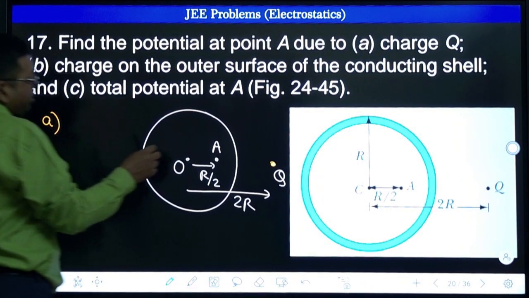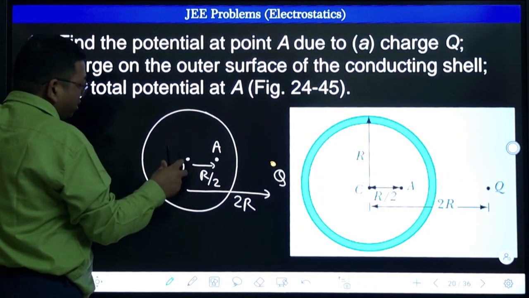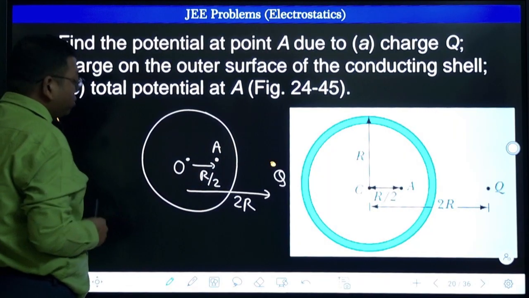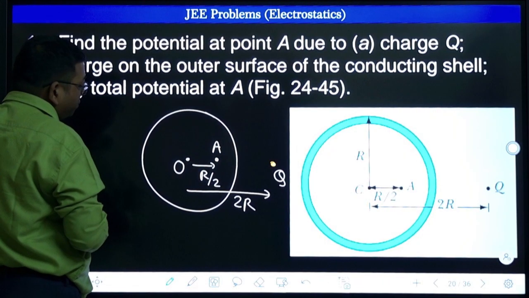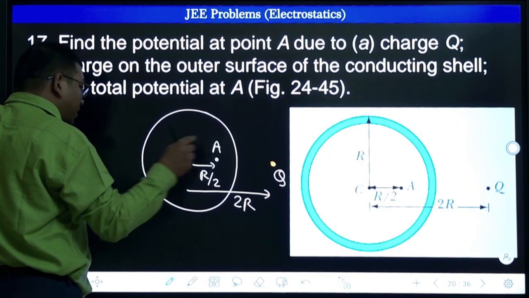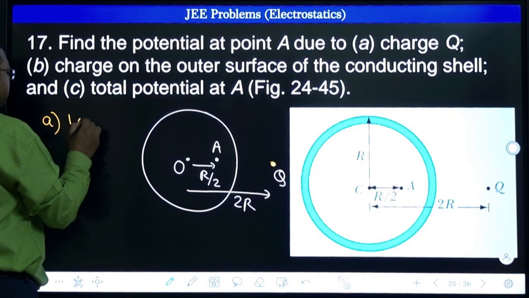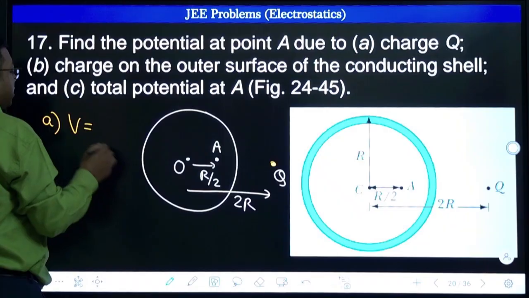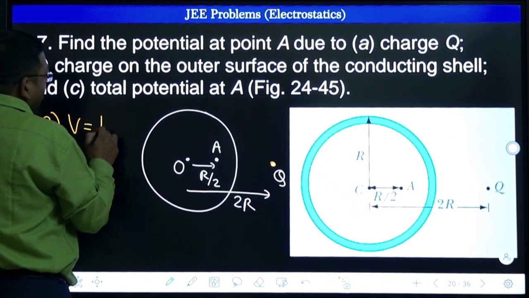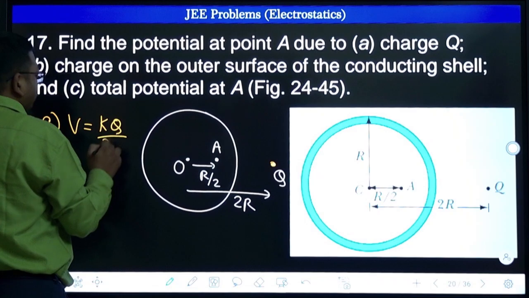We have to calculate potential at this point due to that charge alone. So when you are calculating due to that charge only, that distance you need to consider. So what will be the potential at A due to that charge? That will be just KQ by distance 2r.